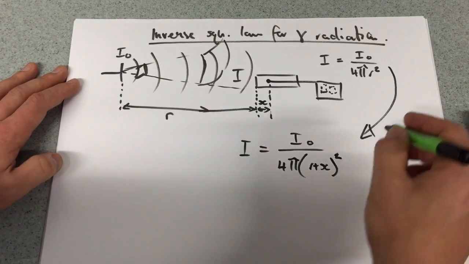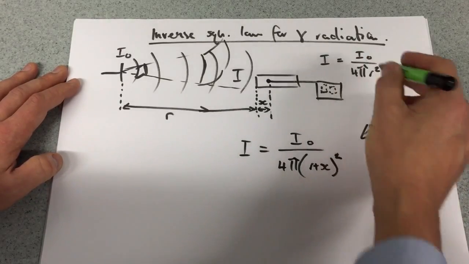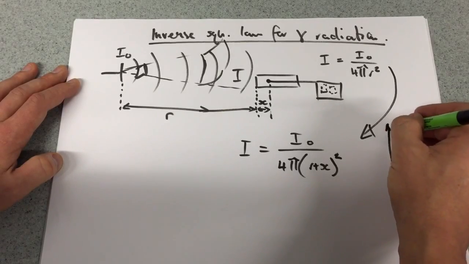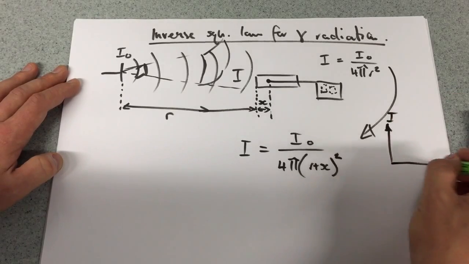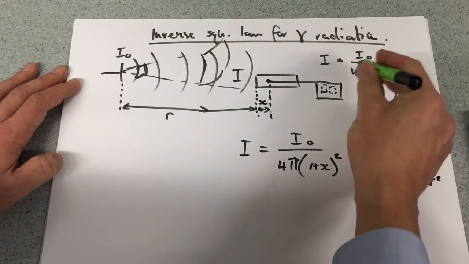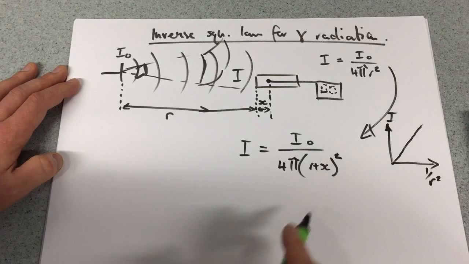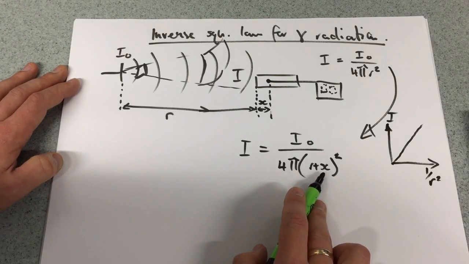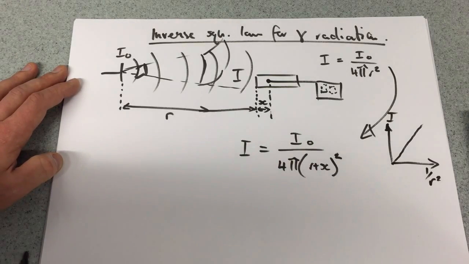And in order to prove this law, we might have drawn a graph of intensity against 1 over r squared to get a straight line and prove that relationship. That will not happen here because we have this correction factor built into the results.